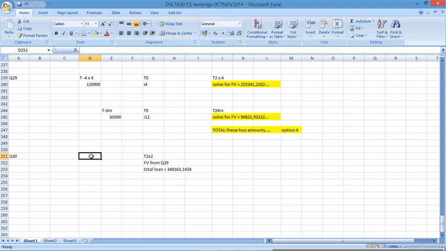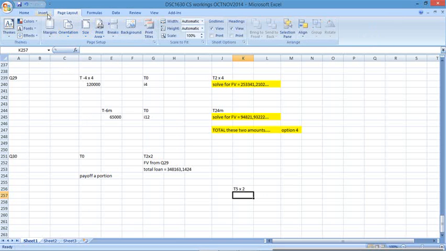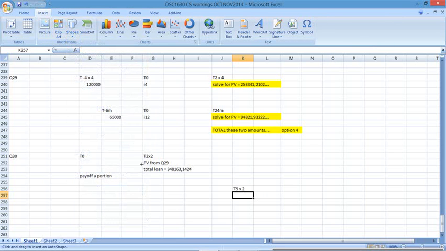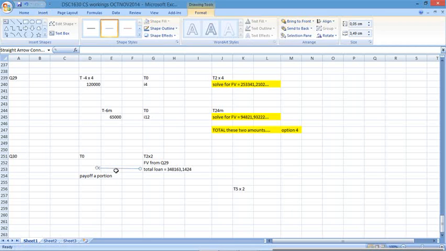I need to take this amount back to time 0, pay off a portion and then take it forward to time 5. Okay, so remember, money needs to be at the same point in time. Okay, so money currently is in the future, which I'm going to have to take back. I'm going to pay off a portion and then take the rest forward.